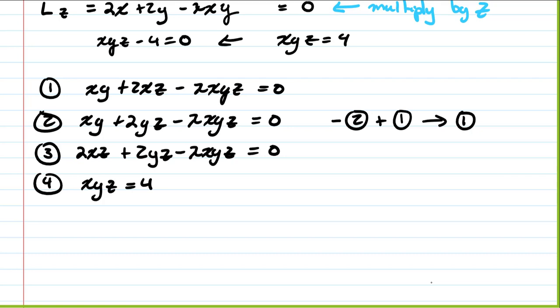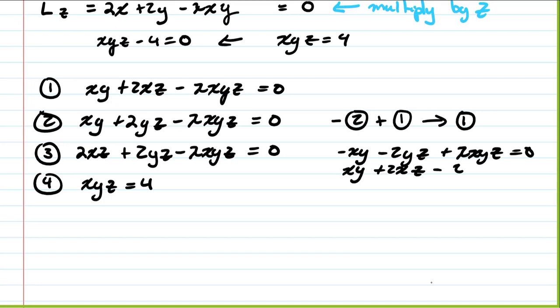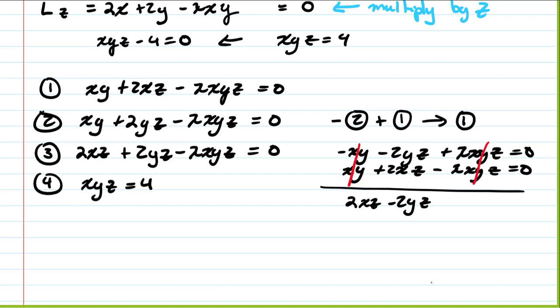So if I multiply all of this by a negative, it's going to be negative xy minus 2yz plus lambda xyz equals 0. And I'm going to add that to equation 1. So when I do this, my terms here reduce out, and my two terms here reduce out, and that leaves 2xz minus 2yz is equal to 0.